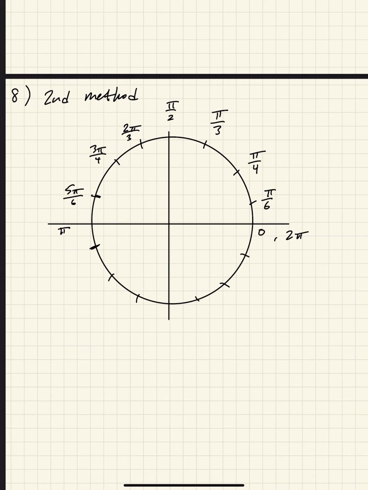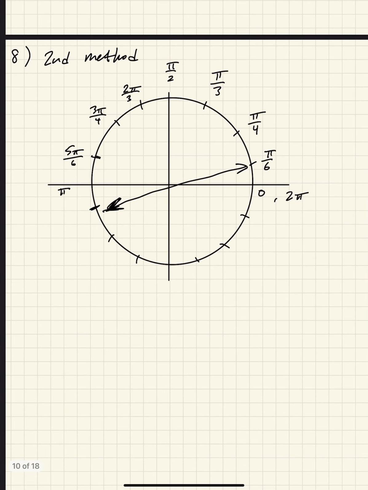When we want to find, say, the radian value at this angle, what we're going to do is look at the opposite radian measurement, and we're going to add pi to it. And this is by definition of a circle what we're actually doing when we travel around it. So half of a circle is pi. That's the definition of pi.